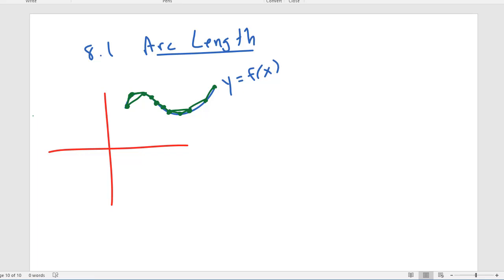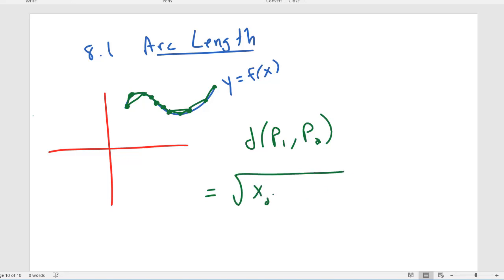The length of any line segment is the distance formula, the distance between any 2 points. Let's say the distance from point 1 to point 2 is going to be the distance formula. So it'd be the square root of the difference in the x's squared plus the difference in the y's squared. Usually in an algebra class, you develop the distance formula. Keep in mind that's really the Pythagorean theorem.